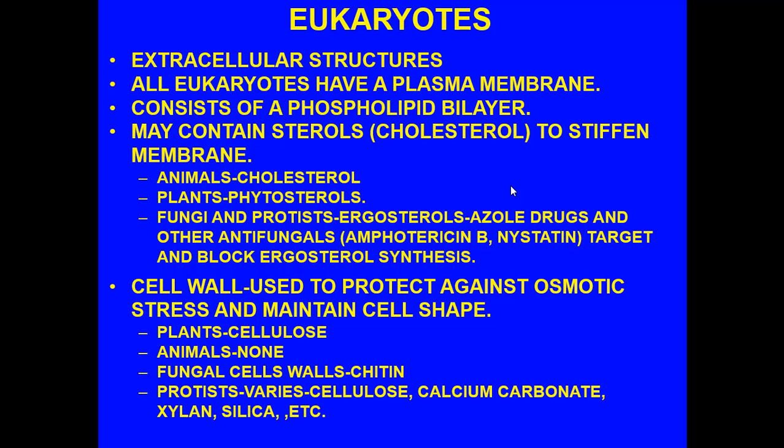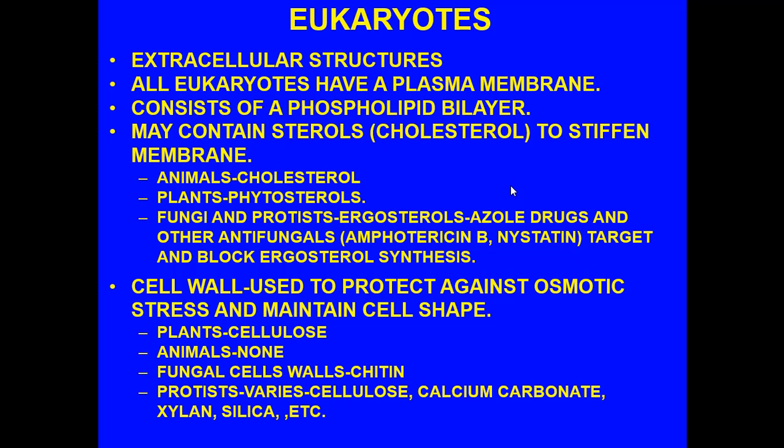In this case, ergosterols, we find that azole drugs and other antifungals like amphotericin B and nystatin will target and block ergosterol synthesis and thereby treat and kill off the pathogen.